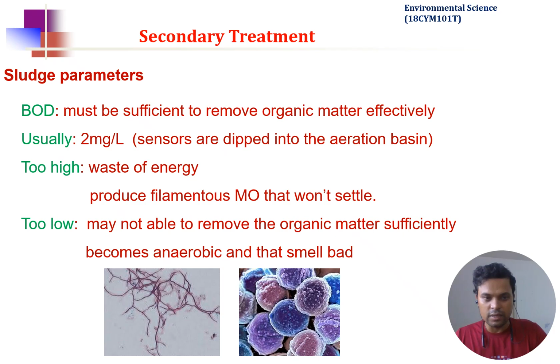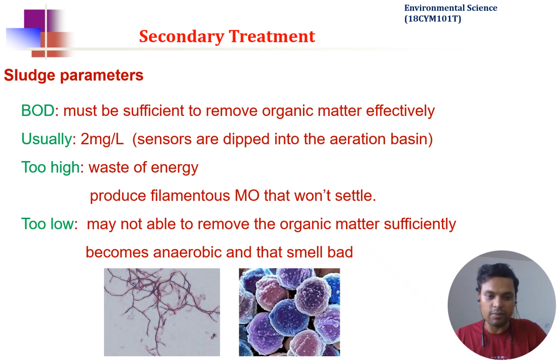This is very important: if you maintain all the conditions, you will have spherical bacteria. If you cannot maintain all the parameters, then you have filamentous bacteria. Filamentous bacteria will not settle at the bottom of the chamber, they will always float around, and that will be problematic for the wastewater treatment plant.